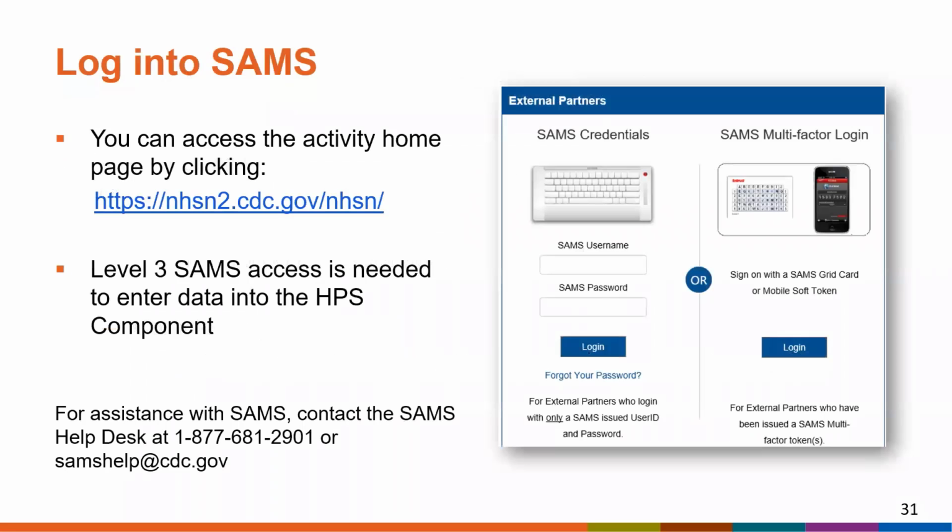To begin entering data, users will first need to log into NHSN through SAMS. Please note that Level 3 SAMS access is needed to enter data into the healthcare personnel safety component. If you have questions or need assistance with using SAMS, please contact the SAMS help desk by phone or by email using the information listed on this slide.